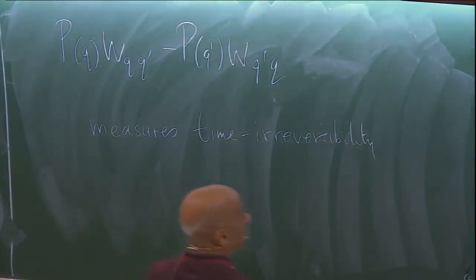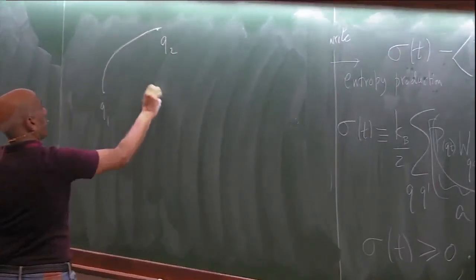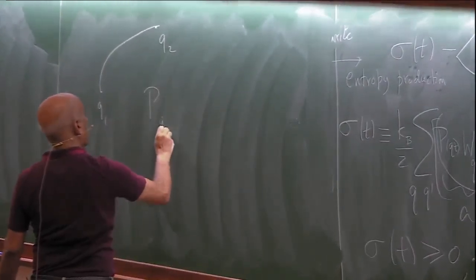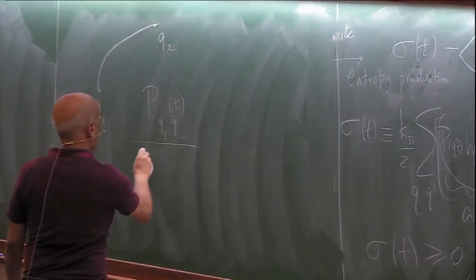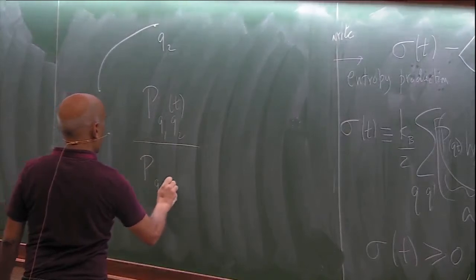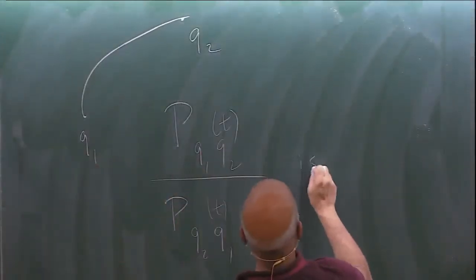For a more general case, and now I'm just going to argue by words: if you've got a process going from some point Q1 to some point Q2, then the probability of going from Q1 to Q2 in a time t divided by the probability of going from Q2 to Q1 is a measure.